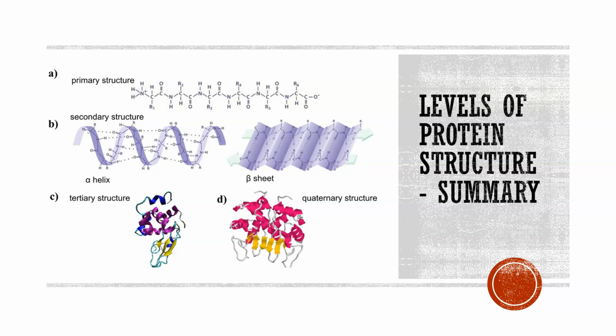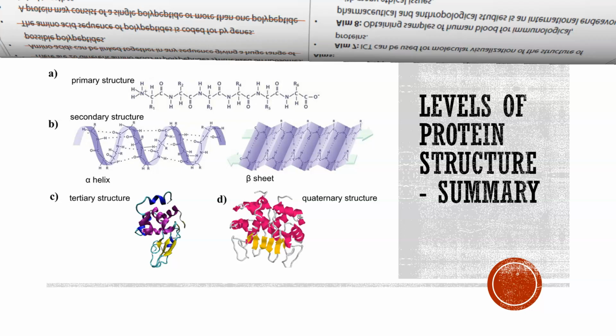Then we've got our tertiary structure where our single polypeptide chain starts to bend round into its globular form. And then we go on to our quaternary structure where we have two or more proteins starting to work together, starting to, should we say, embrace each other to become our functional protein.